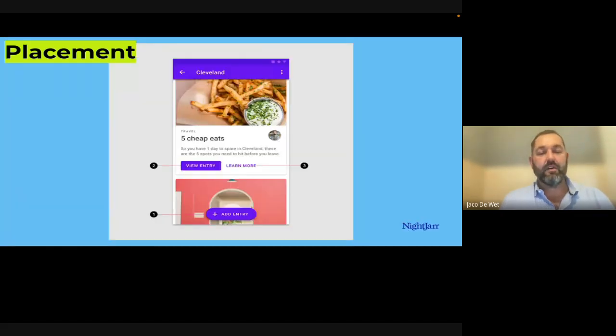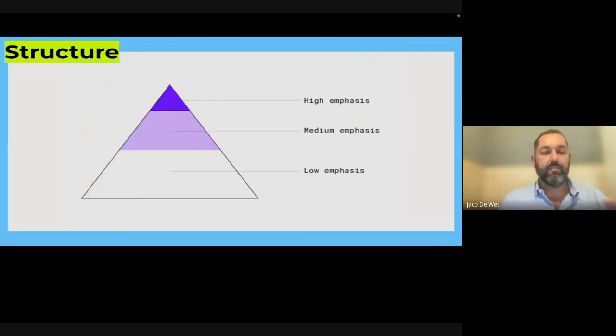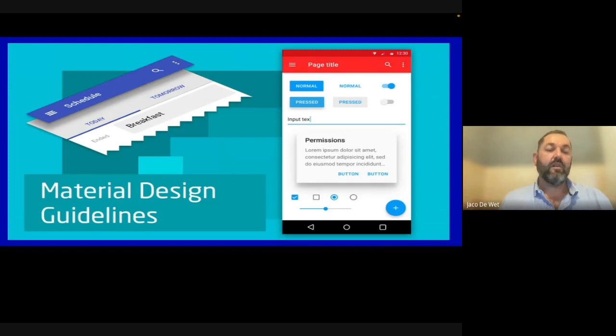And like I mentioned earlier, there are massive amounts of resources out there that speak to placement and structure and anatomy and hierarchy of buttons. One example of that is Material Guidelines. It's Google's library of all the app design and web design that they have online. They don't necessarily always follow it 100%, but it's a huge resource.